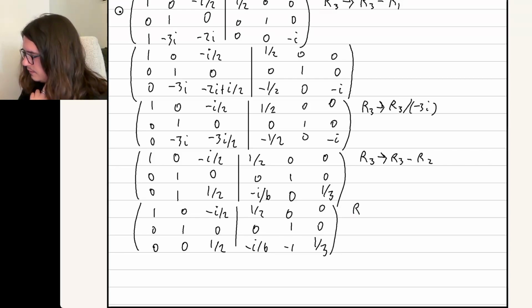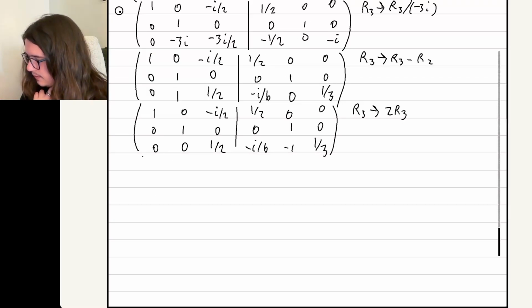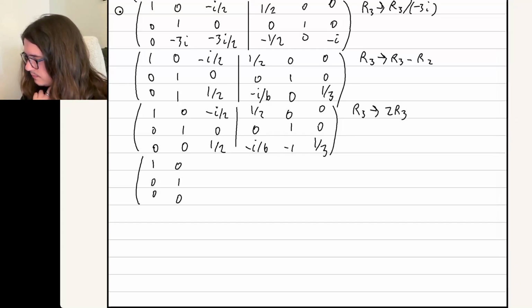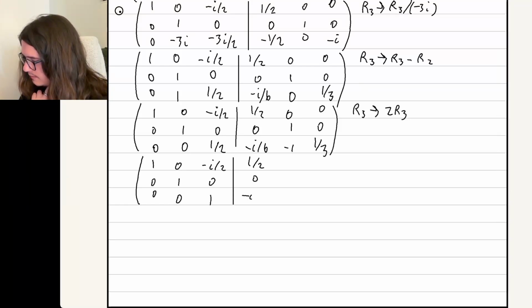Finally, let's scale row 3 one last time by multiplying it by 2. So now we have 1, 0, 0, 0, 1, 0, minus I over 2, 0, just 1 here, and then 1 half, 0, minus I over 3, 0, 1, minus 2, 0, 0, 2/3.